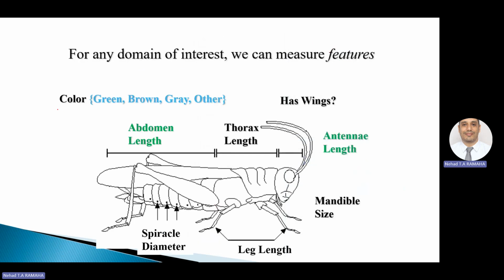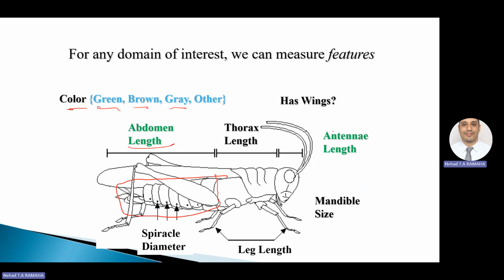For example, we have the color. We return to the same subjects as before, because now we will take examples about classification. For example, green, brown, gray, and so on. And we have this part, the abdomen. The abdomen length is different for each of these species.